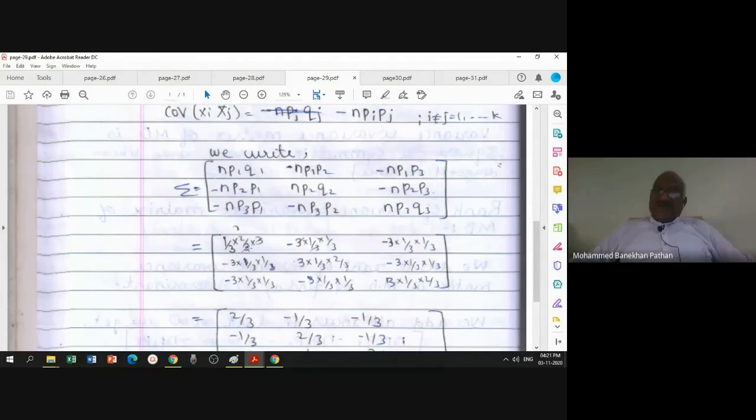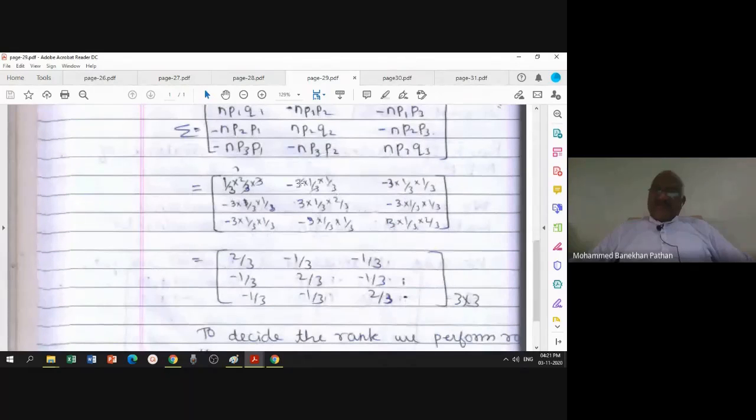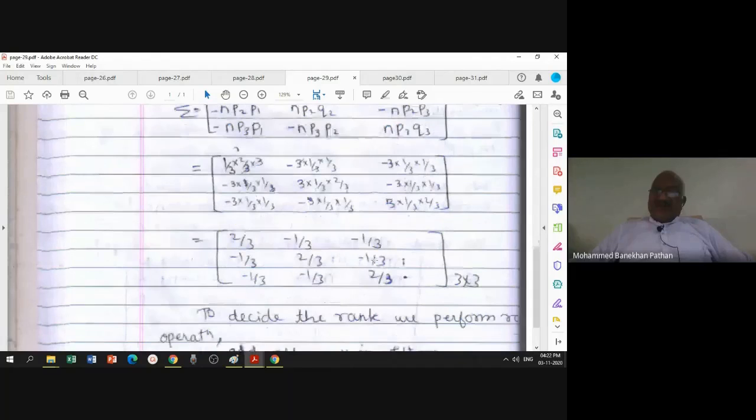The 3 gets cancelled, the result is 2 by 3. Same thing here, this 3 and 1 by 3, so the result is minus 1 by 3. Here also minus 1 by 3. Same calculations. So this is my variance covariance matrix for 3 variables.